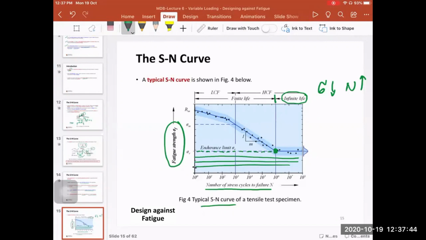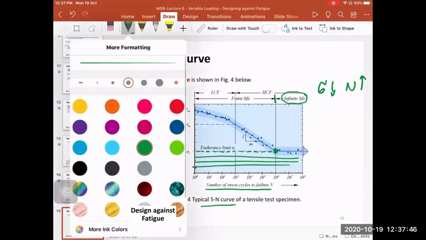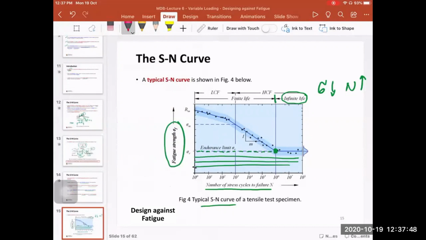But if you apply any stress higher than the endurance limit, let's say here, for example, it will survive up until this point. If you apply stress at this point, it will survive up until this point. So it will survive a specific number of cycles, then it's going to fail.